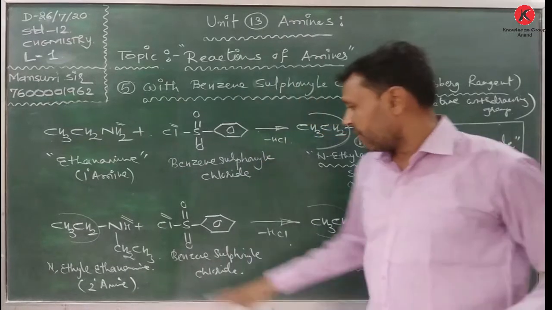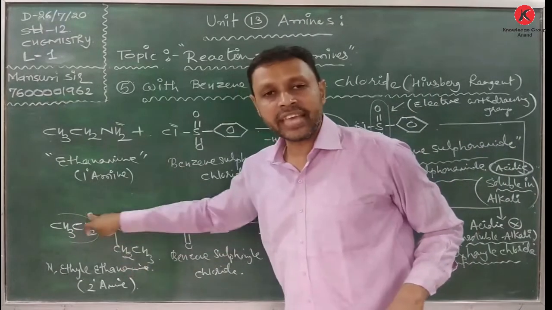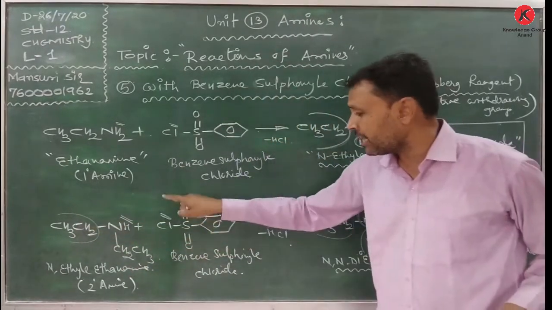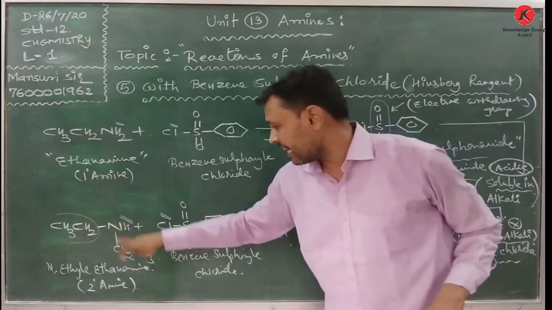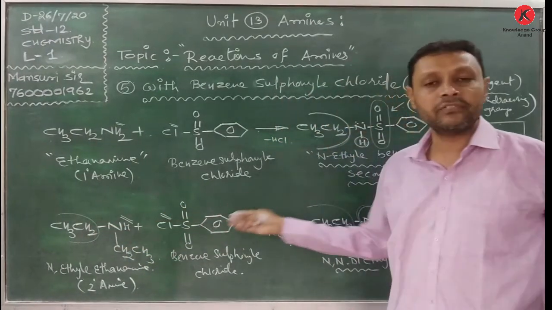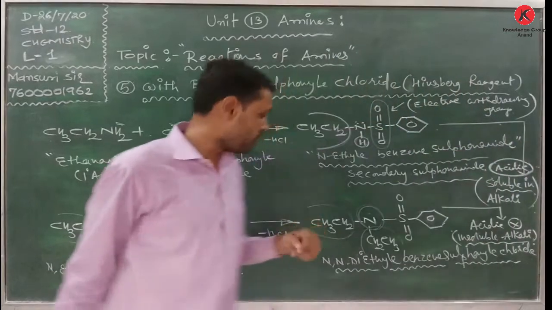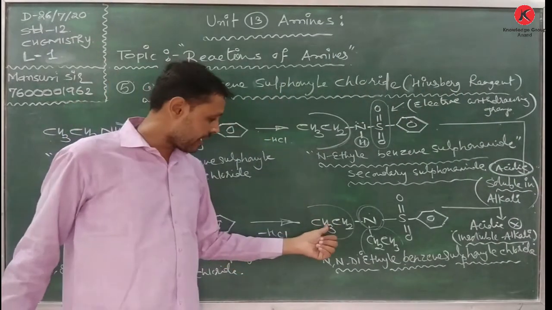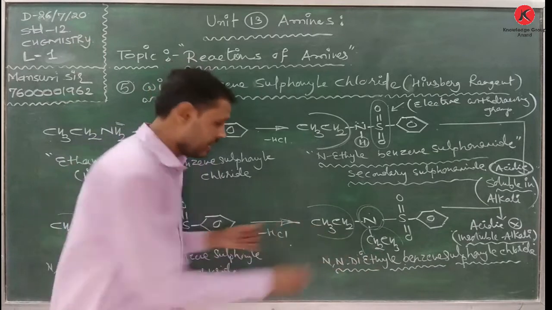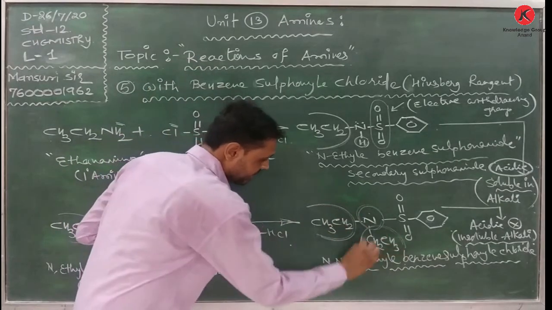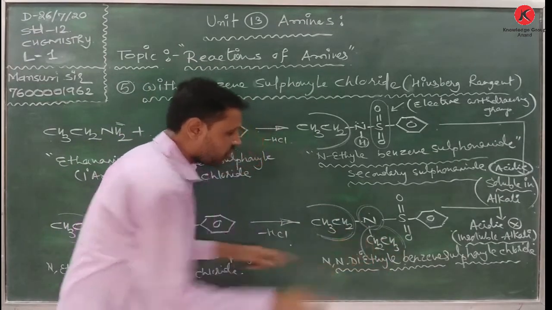But when diethylamine reacts with benzene sulfonyl chloride, it forms as a product N,N-diethyl, because an ethyl is on each side of nitrogen.